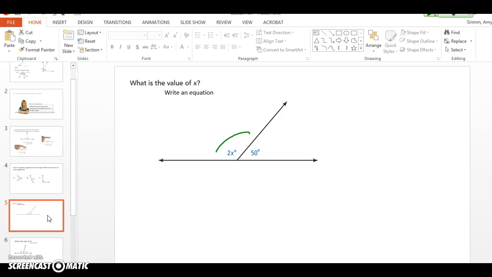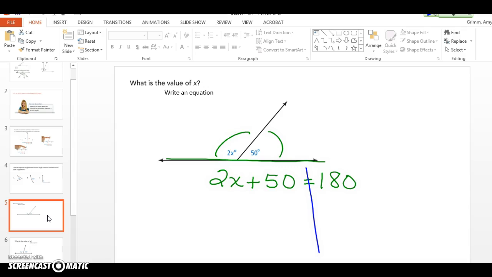Very good, because this angle plus this angle will equal a straight angle of 180. So 2x plus 50 equals 180. And then you guys are very good at solving basic two-step equations. Subtract your 50. 2x equals 130. And then divide both sides by 2.